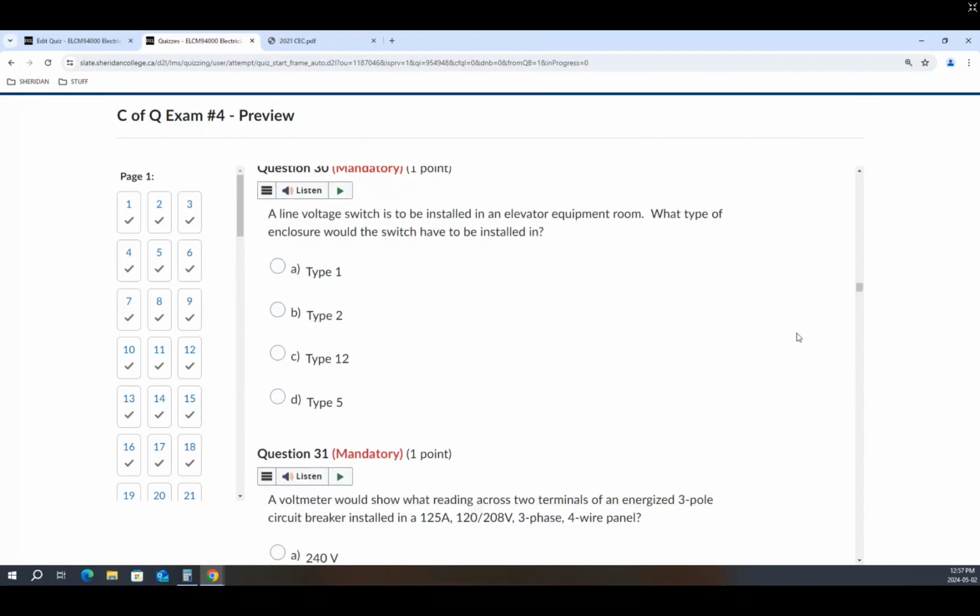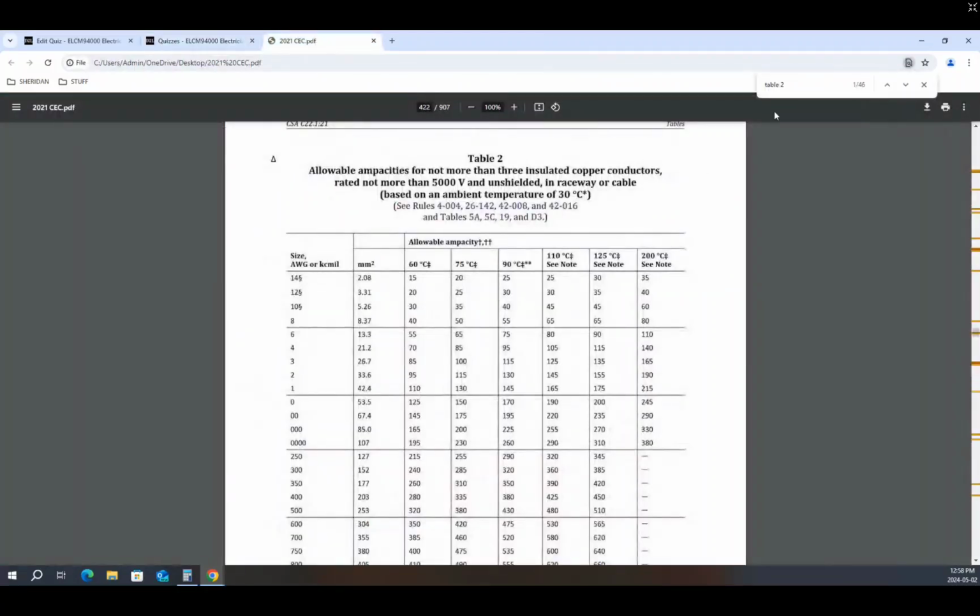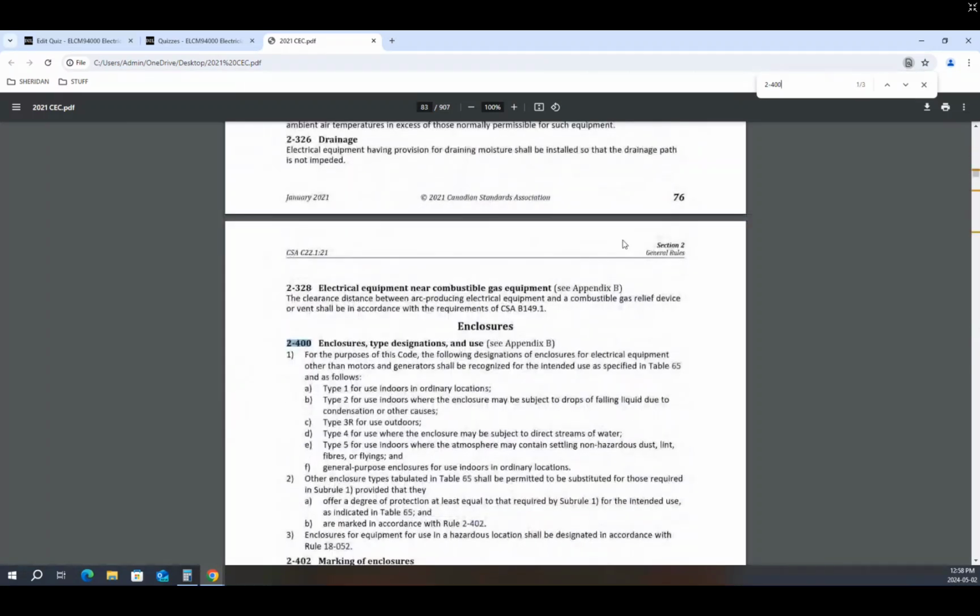Question 30. Line voltage switch is to be installed in an elevator equipment room. What type of enclosure would the switch have to be installed in? So I'm going to go to section 2. So general rules, 400 is enclosures.